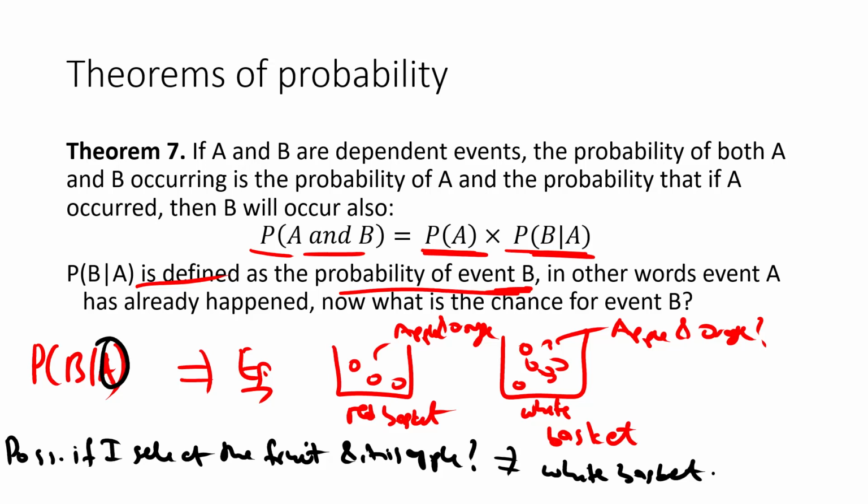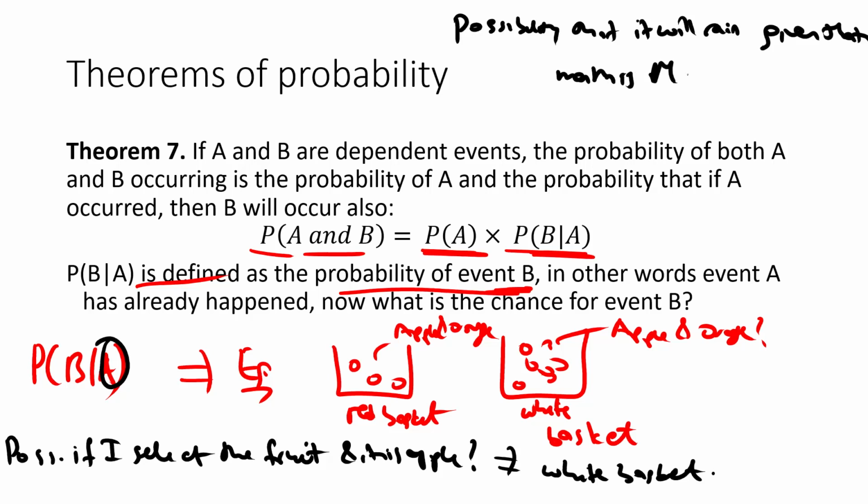For example, what is the probability that it will rain, given that the month is May?